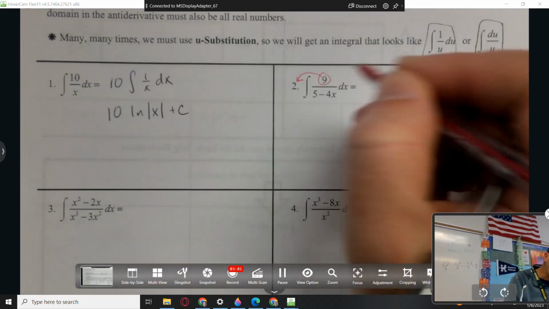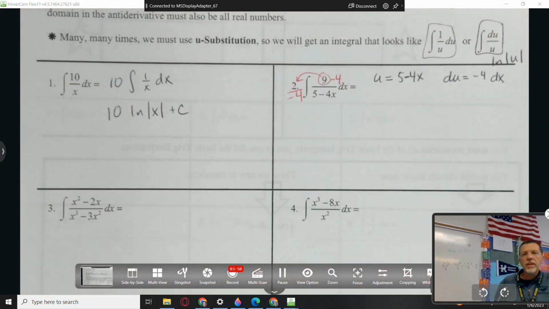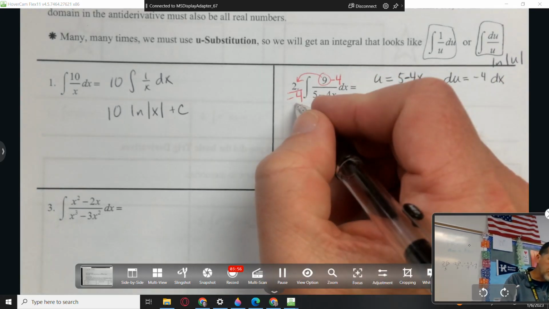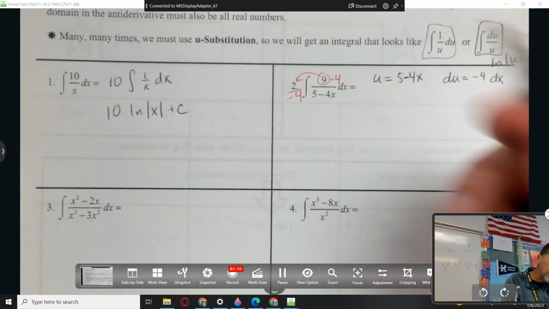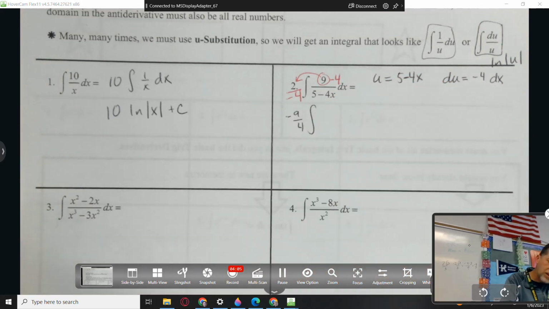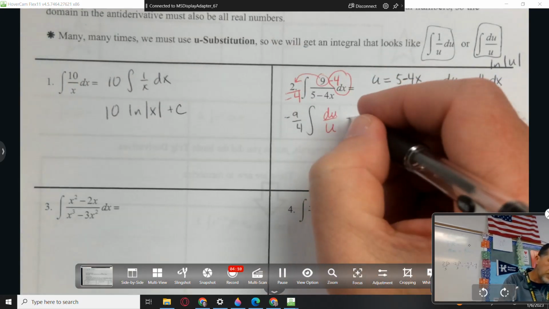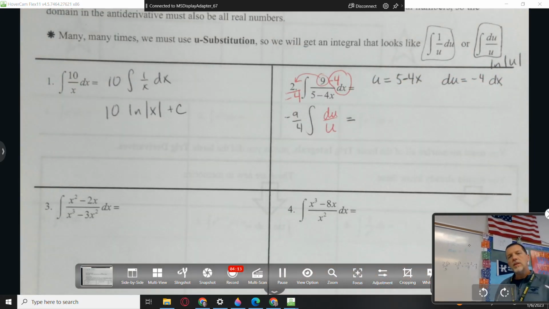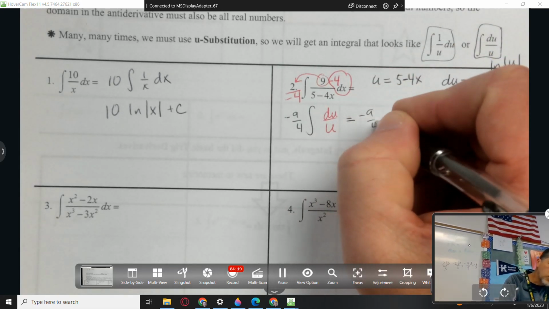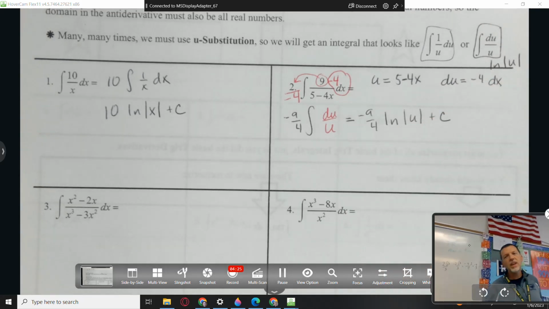I'm going to move the 9 out front and then put a negative 4 in the top and the bottom. In the top on the inside to make du, on the bottom on the outside to counter the negative 4 on the inside. So negative 9/4 antiderivative of du over u. So negative 9/4 natural log of u plus c.